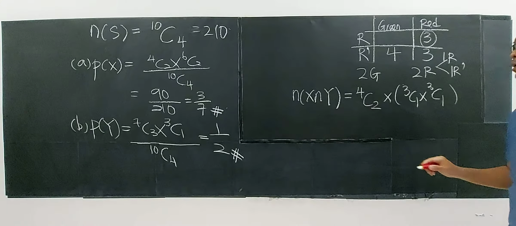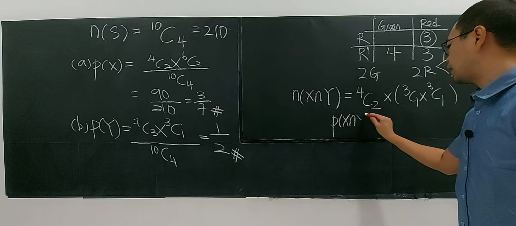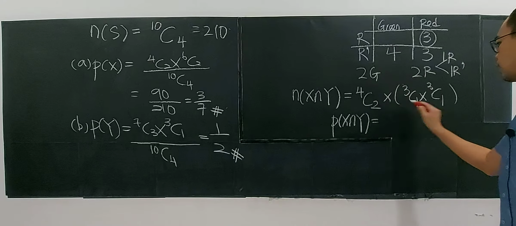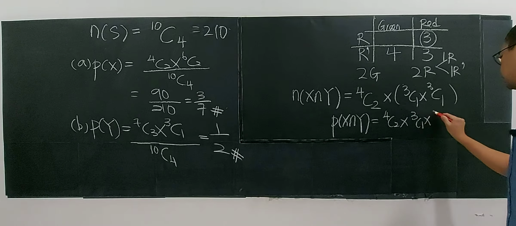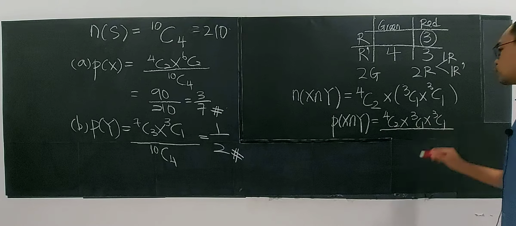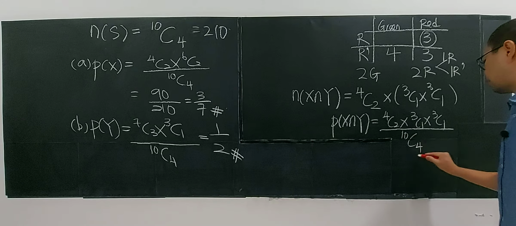If they ask you to find the probability of X intersecting Y, it is very simple. You just take 4C2 times 3C1 times 3C1, divided by the total selection, which is 10C4, which is 210.